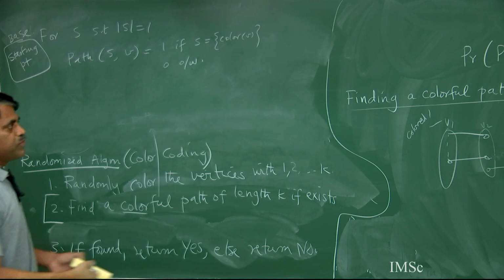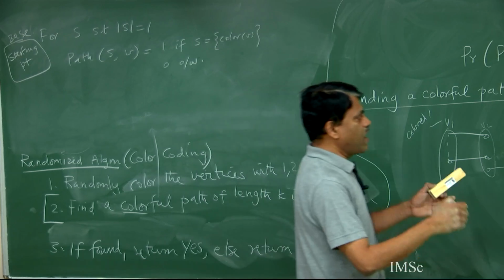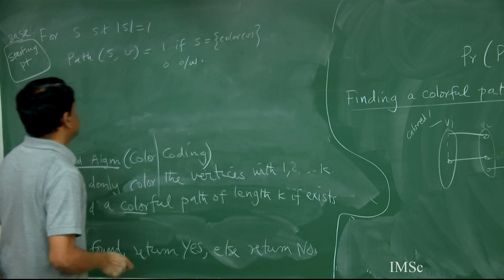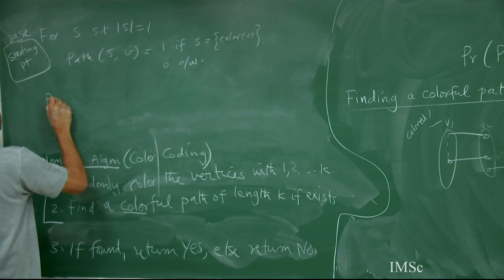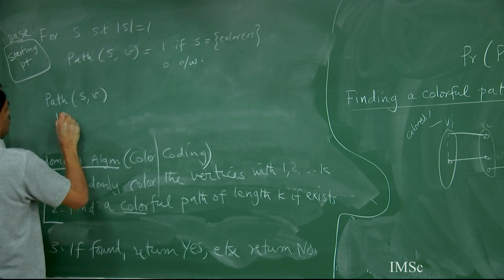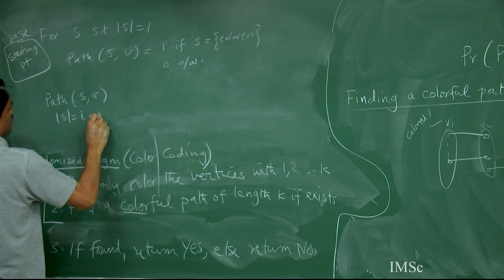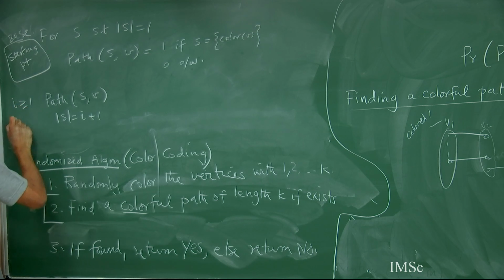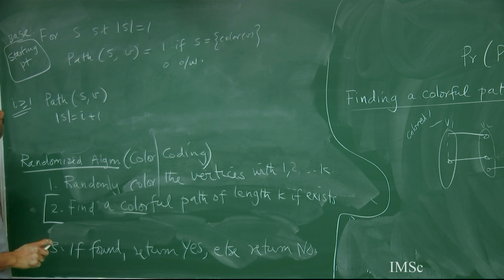Now, if I have computed for subsets of size some i and I want to go to a subset of size i plus 1, what do I do? Where i is greater than or equal to 1 for any i.